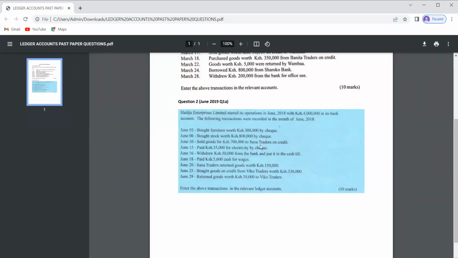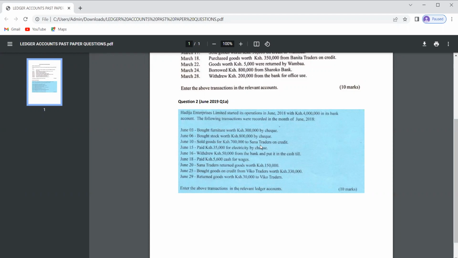Sales will be credited and then Sana Traders to be debited.